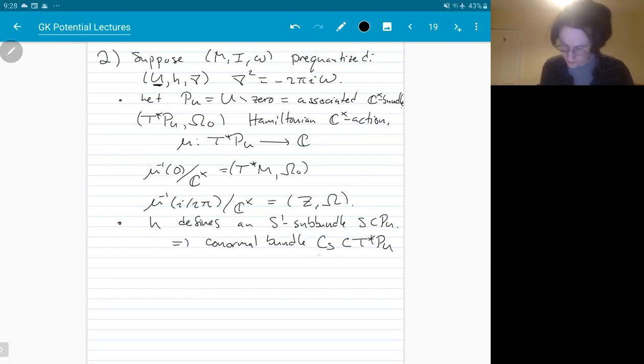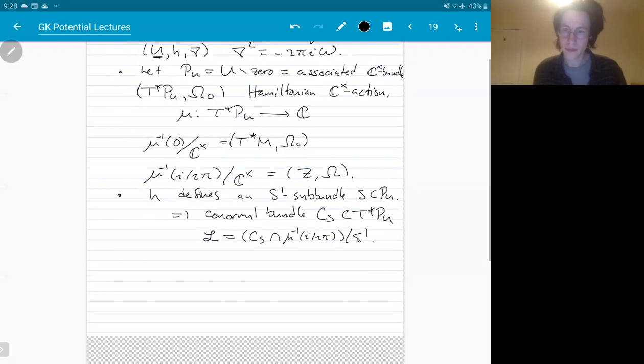This conormal bundle turns out to be a brane, meaning that it's a Lagrangian for the imaginary part. And so if we reduce this conormal bundle, we recover the brane L.